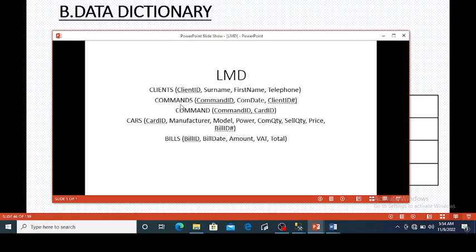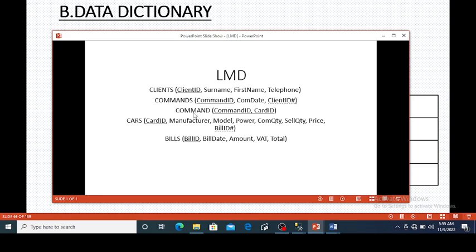Then we have commands: command ID, command date. Then this is client ID, and it is the foreign key. As you can see, this one was brought here, and if you are writing it, you underline it with dashes, then you put this sign, the hash sign.